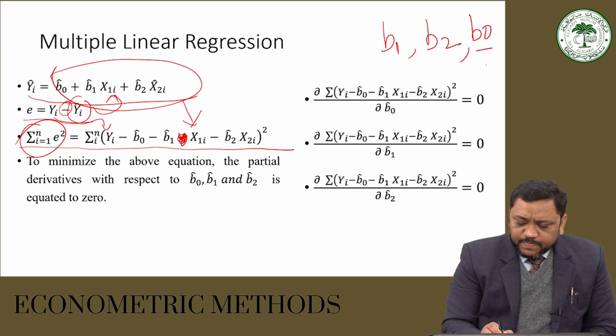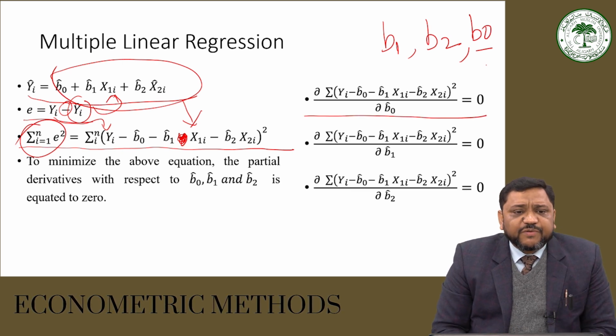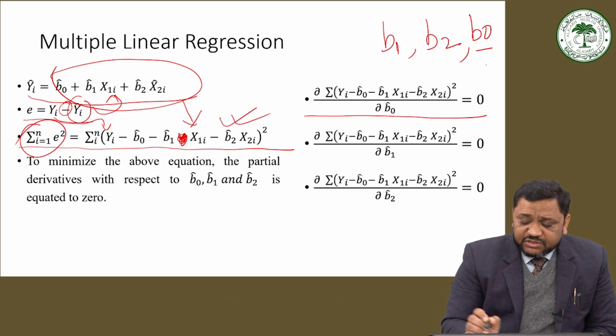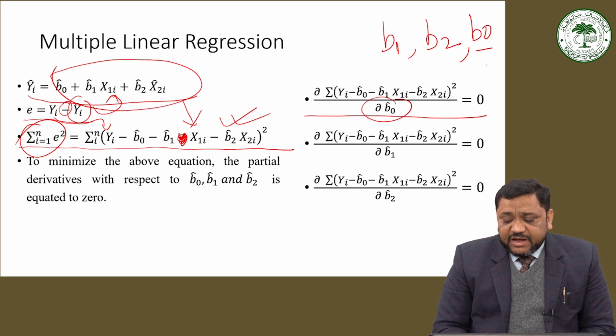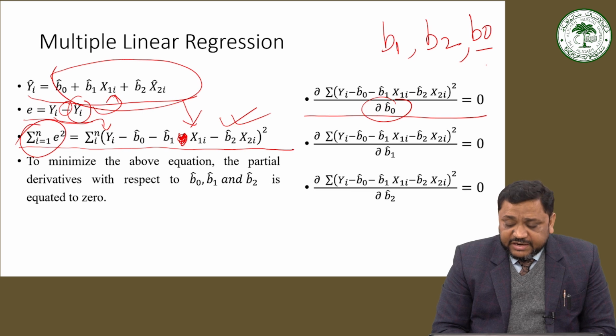So now we do the partial differentiation of this equation with respect to beta naught: delta of summation of yi minus b naught hat minus b1 hat x1i minus b2 hat x2i, whole square, divided by delta b naught.